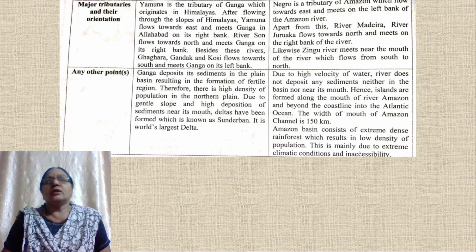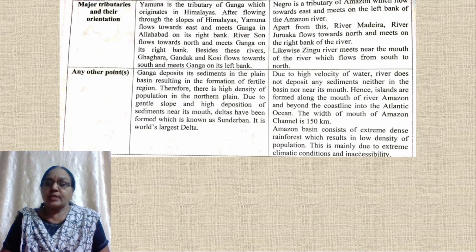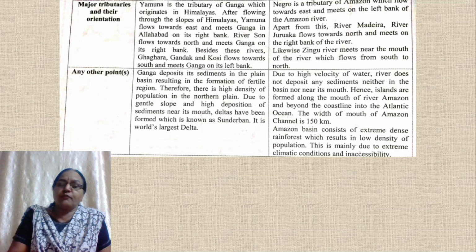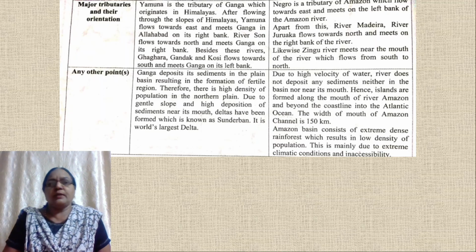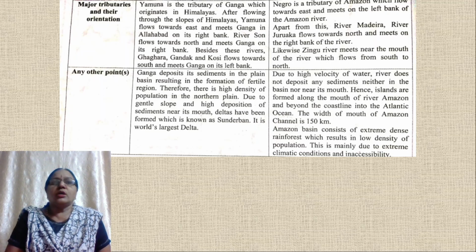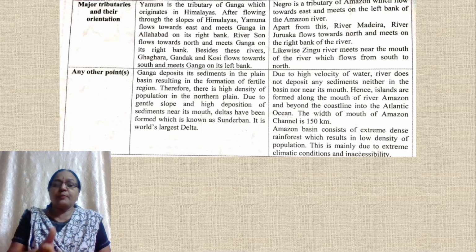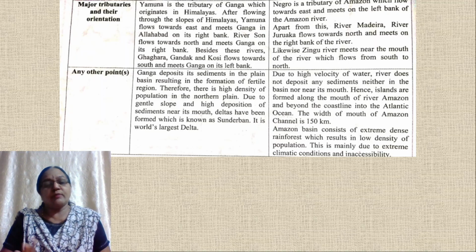The reasons for density, you remember: along the Ganga plains we find, because of the fertility of the soil, and because of infrastructure being very, very good, because of development of roads, railways, etc., the density of population along the Ganga plain is very, very high.